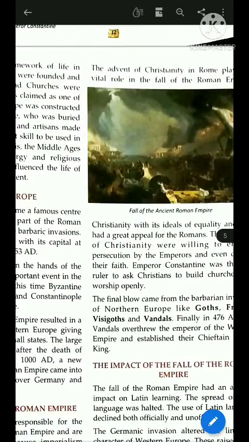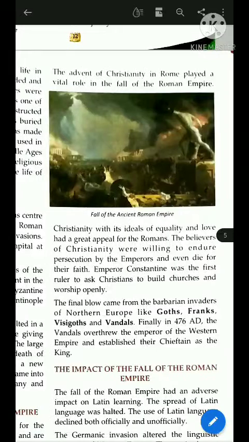The advent of Christianity in Rome played a vital role in the fall of the Roman Empire. As Christianity reached Rome, it played an important role in the fall of the Roman Empire.